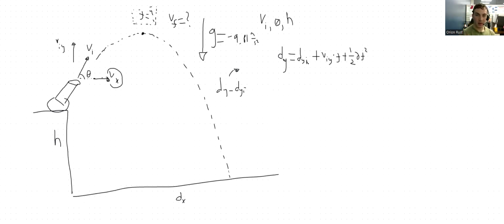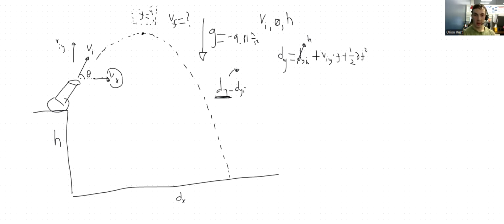You start out at a certain distance, and then this is going to be the distance that traveled. So we travel a negative version of h. So essentially we can simplify this to be h, and our dy, the distance that we end up traveling, we travel from h to 0, so it's just h.